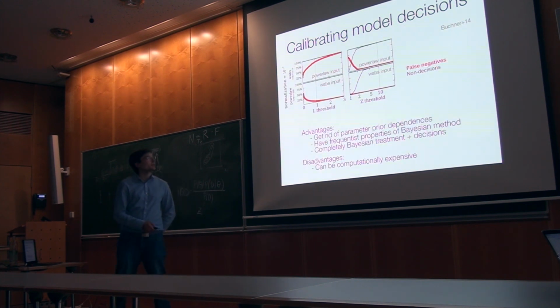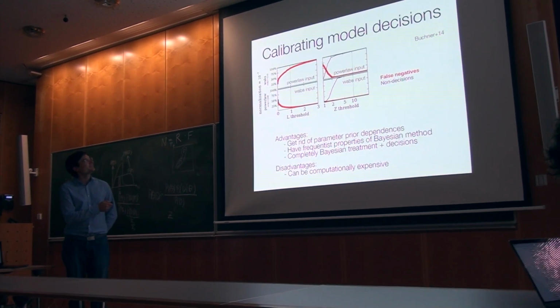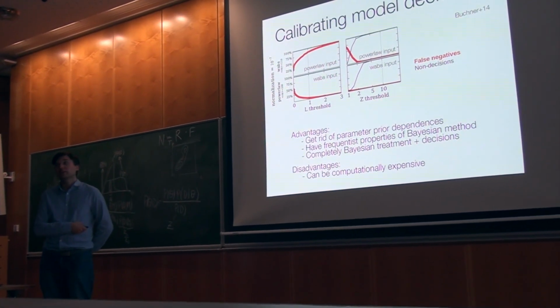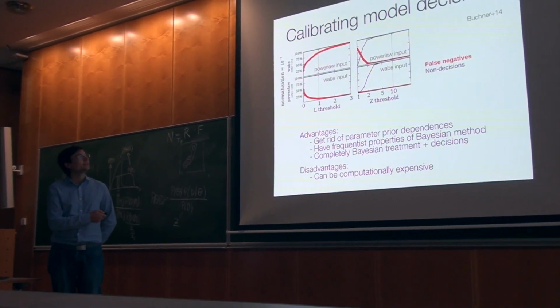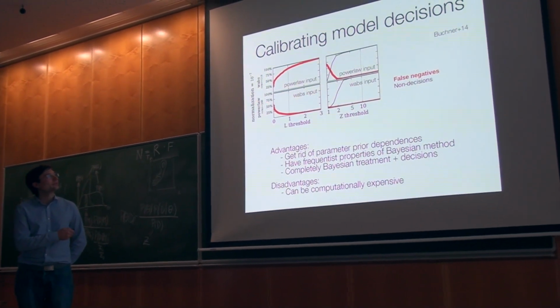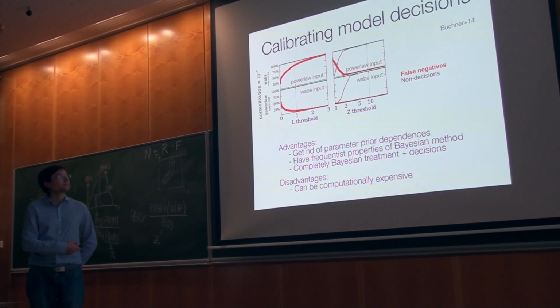Here's an example where I did that. And here I simulated with a power law and counted how many times the absorbed power law is selected. And here I put in an absorbed power law and saw how often the power law alone is selected.